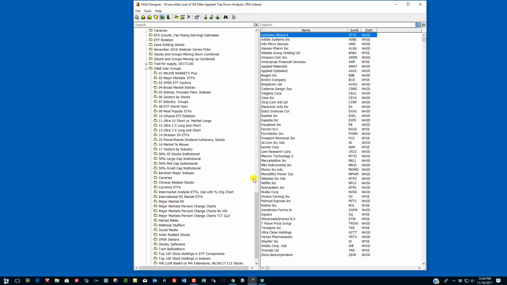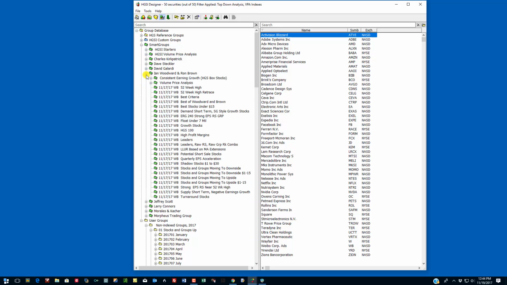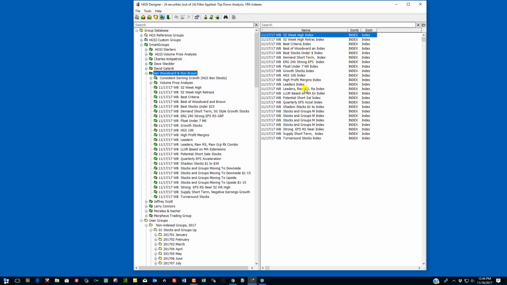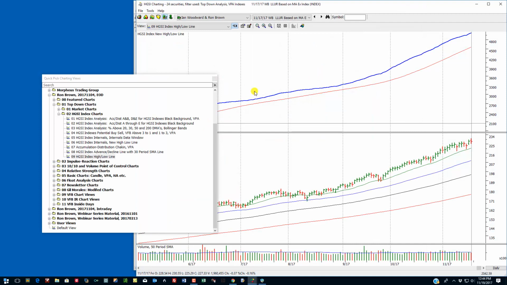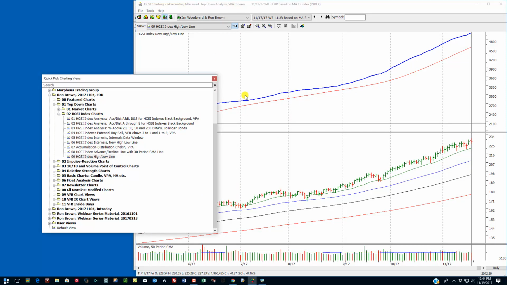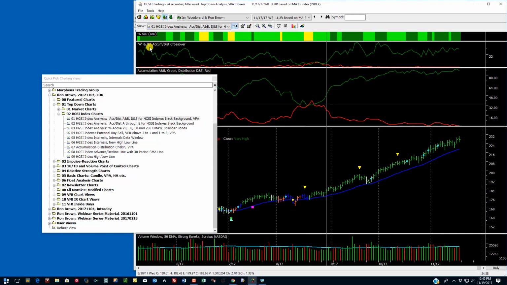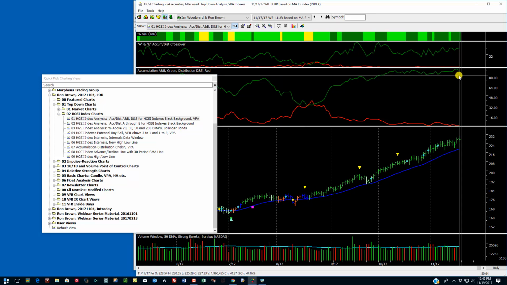And if you look at your smart groups, if you have these turned on, the LLUR based on moving average extensions is right here. And this will be the current index. And you can see how far apart the A accumulation stocks are from the E distribution stocks.